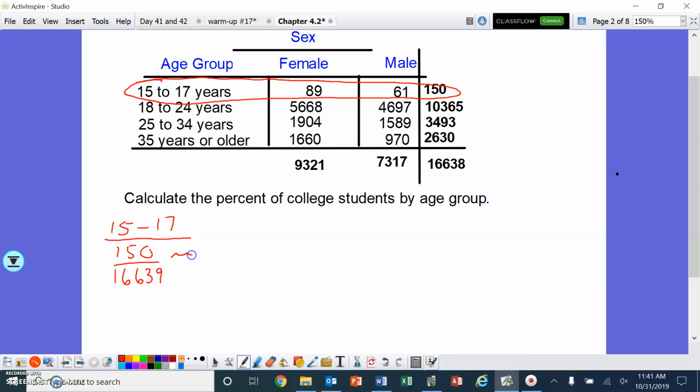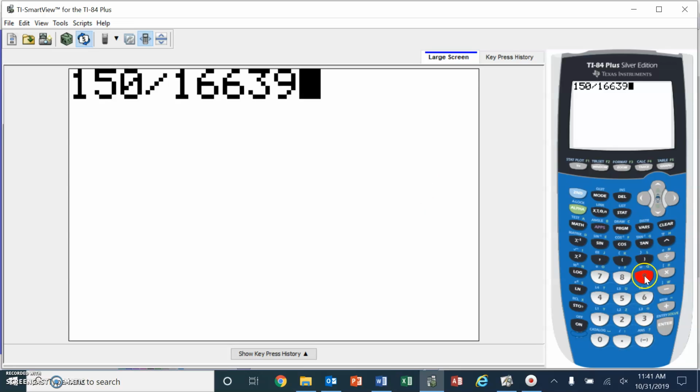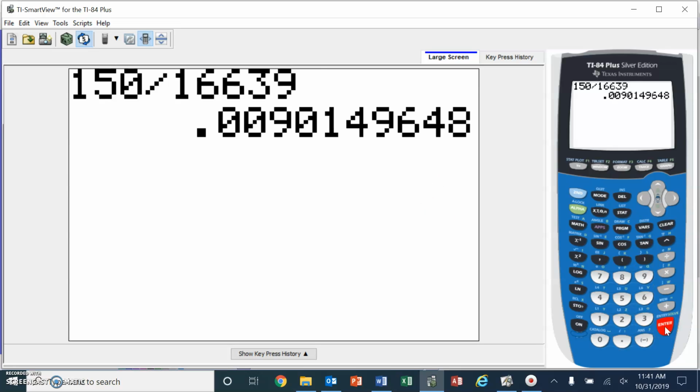Now, I'm going to put an approximate sign. And when we type this one into the calculator, okay, I'll do this one. We've got the 150 divided by the 16,639, and we get that long decimal. Okay, so we're going to go 3 decimal places on this one, so 0.009.